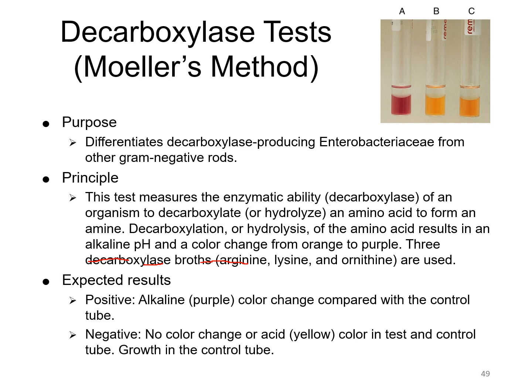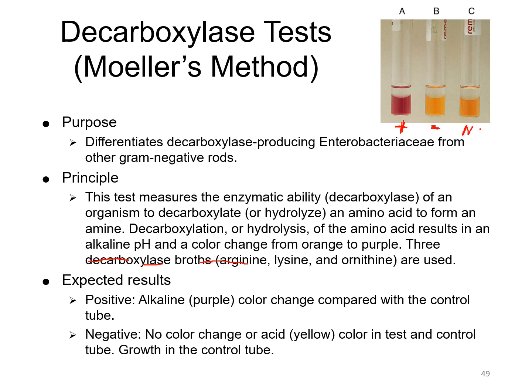And what you're looking for is it to hydrolyze those different amino acids, and then it would result in a color change due to a pH indicator within those tubes. So this particular method here would be looking for that purplish reddish color to be a positive result, and then no change would be a negative result.